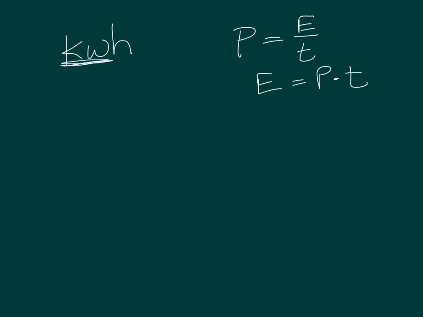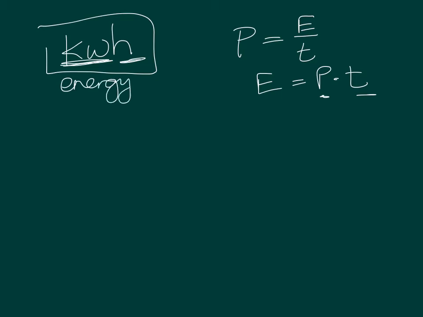Kilowatt is your power unit. Hour is your time unit. So a kilowatt hour is a unit of energy. Okay? And when you're charged for your electricity at home, you're charged in terms of dollars per kilowatt hour. So this is an important energy term to know.